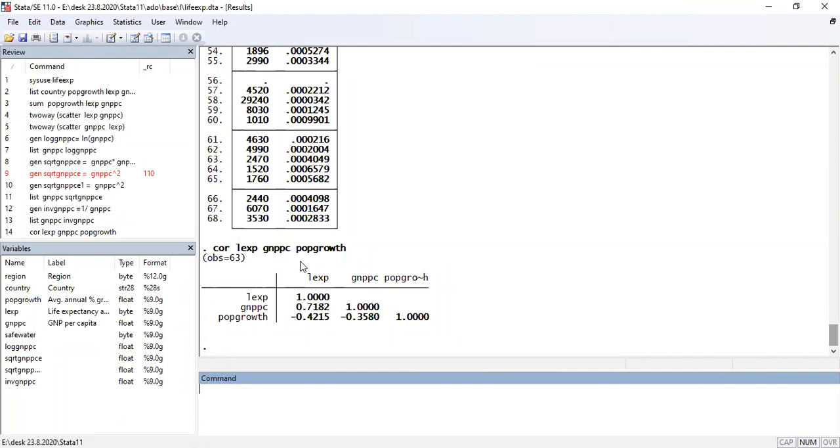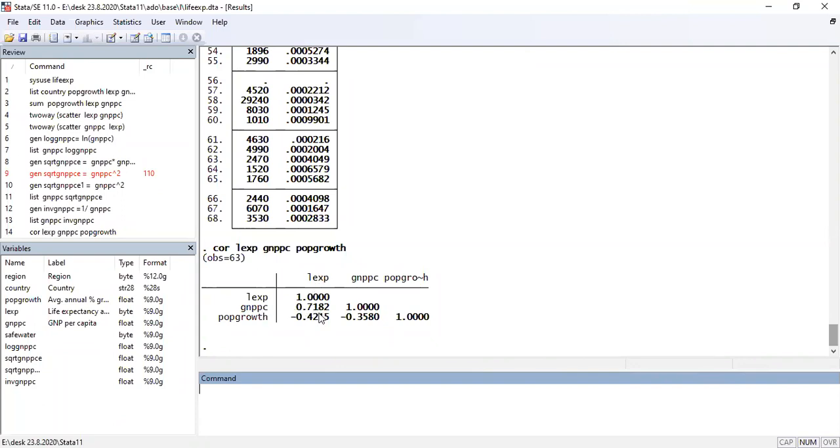And another one, GNP per capita and pop growth. So you come here. This is for GNP per capita, and the last one is population growth. So GNP per capita and population growth is minus 0.358. Negative relationship, not very strong. So basically three correlation coefficients you can find from here.